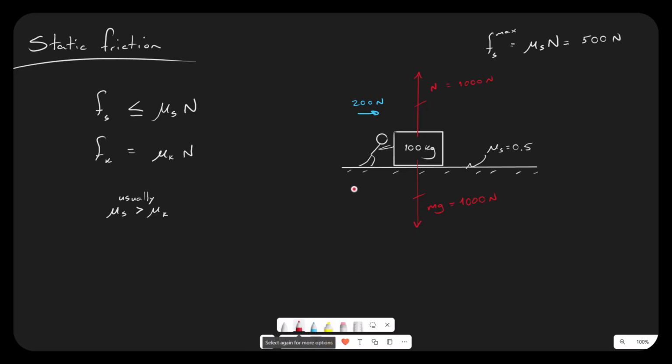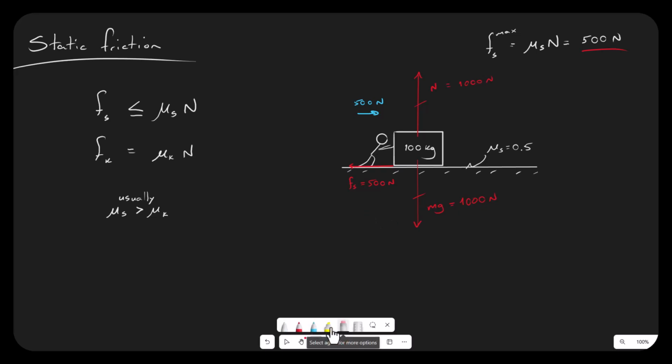So what I will get is 200 newtons of pushback in static friction. If I increase my push to 300 newtons, friction says, game on, I will match you for 300 newtons. If I increase my force to 500 newtons, friction says, alright, I will play your game, I can go up to 500 newtons.